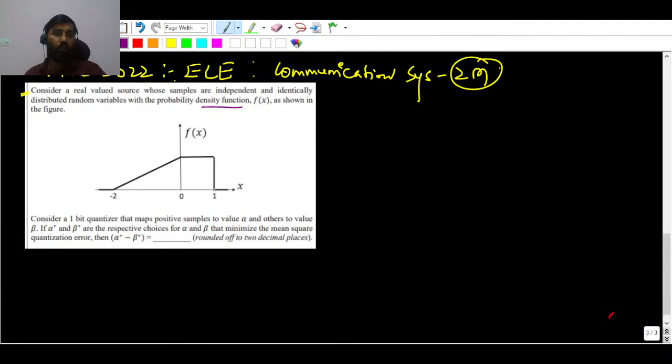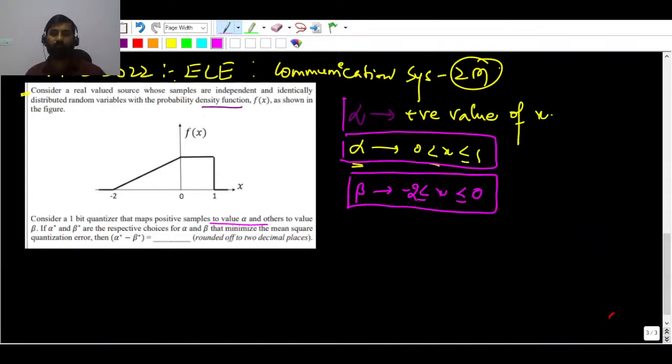This f of x is given from -2 to 1. Here a triangular profile is given, and here a rectangular profile is given, whatever you want to call it. And consider a 1-bit quantizer that maps positive samples to alpha. You see, we have to consider a 1-bit quantizer, and it maps positive values to alpha.